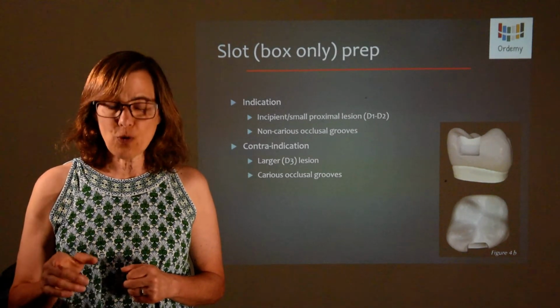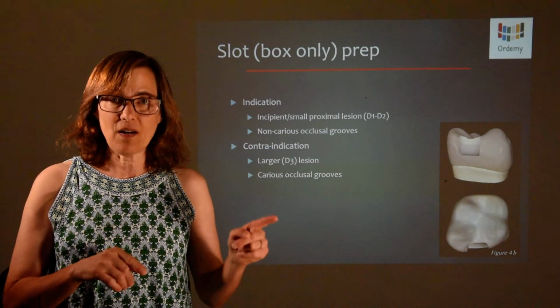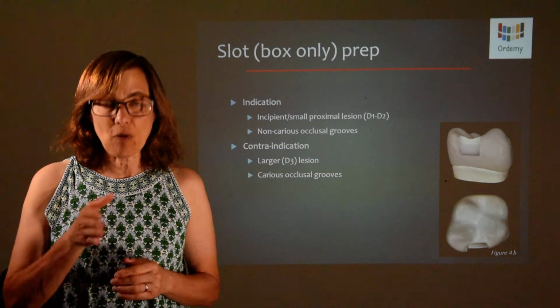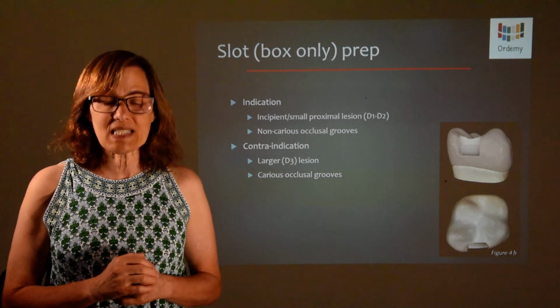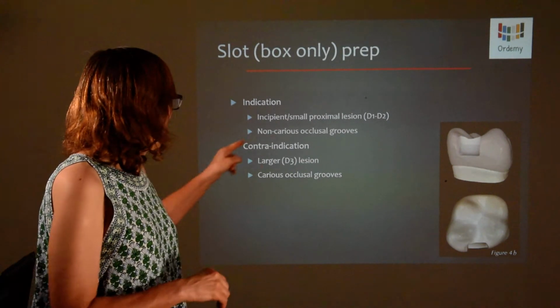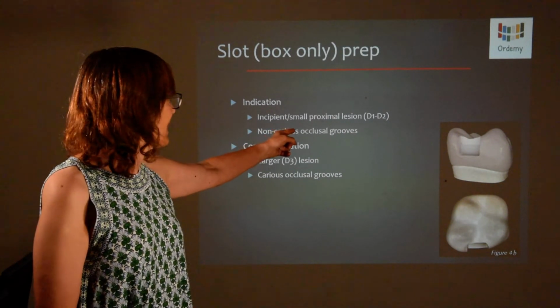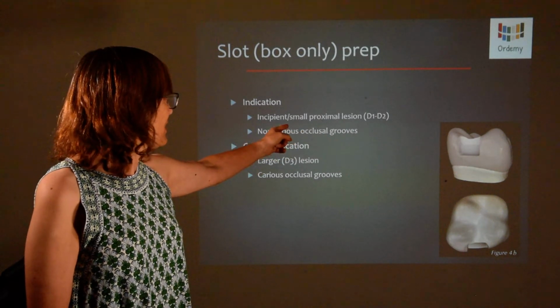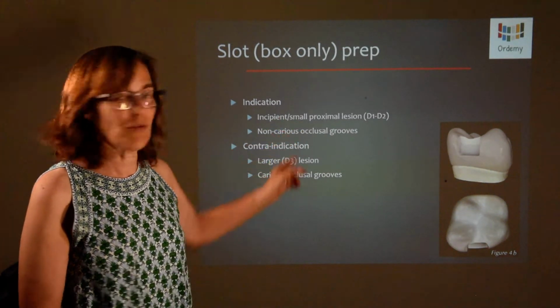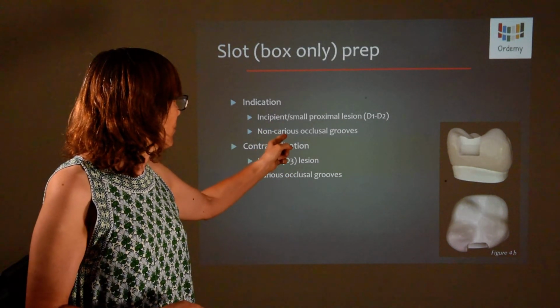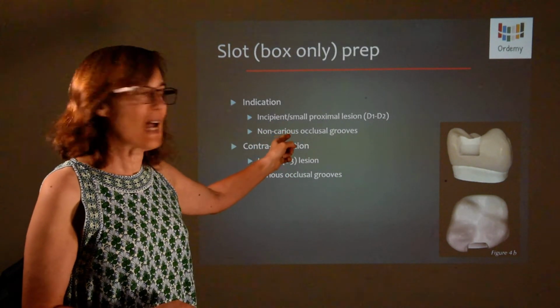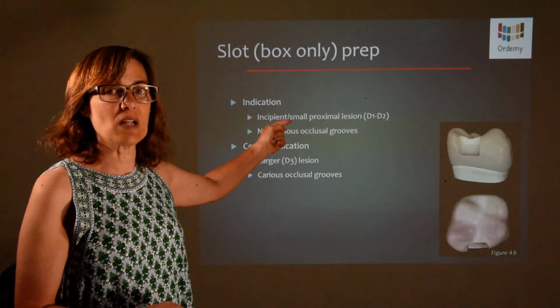If you were to look at the preparation of the tooth that we just saw before from the contact point inward, you will see that there is a definite groove from the lingual line angle to the buccal lingual line angle.